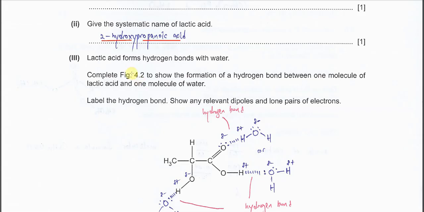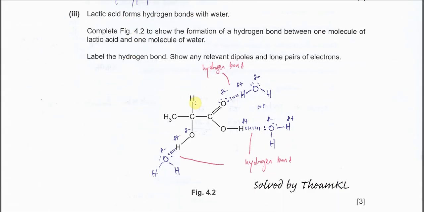Part 3. Lactic acid forms a hydrogen bond with water. Complete figure 4.2 to show the formation of a hydrogen bond between 1 molecule of lactic acid and 1 molecule of water. Actually, no need to really draw like what I did. You just need to draw one of these, as long as you can show the hydrogen bond. This oxygen can form a hydrogen bond with H2O.